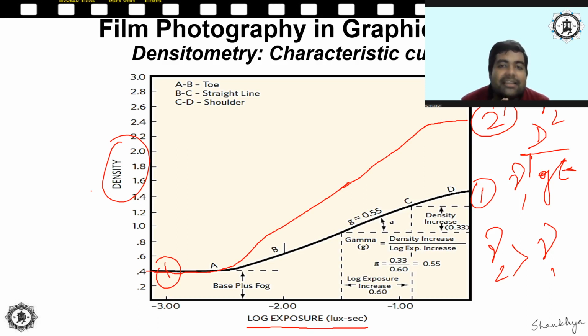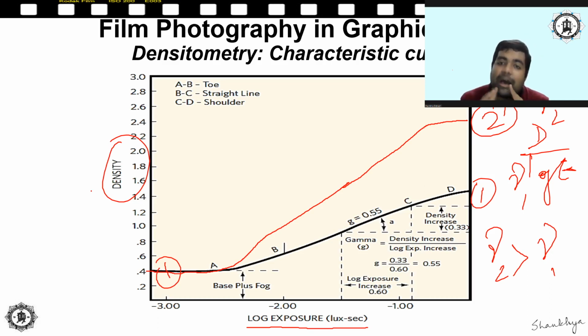Our eyes are more sensitive to low amounts of light than to high amounts of light. That is why when you go outside from a dark room into sunlight, initially our pupils are small and have to dilate to take in a whole lot of information, but still you are not able to see as much information in very bright conditions as you are able to see under low light conditions.